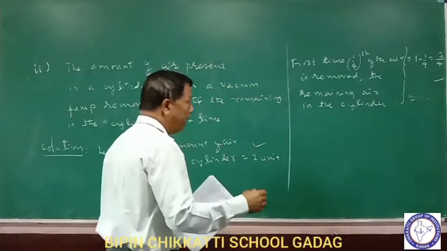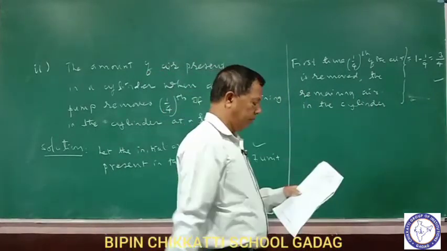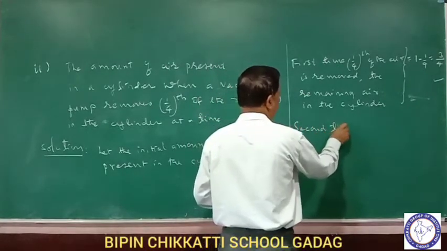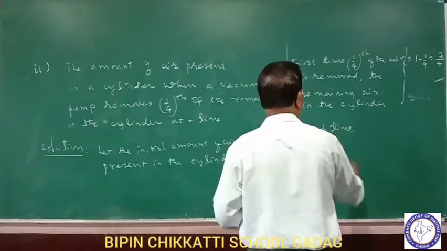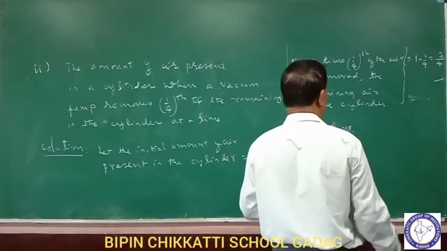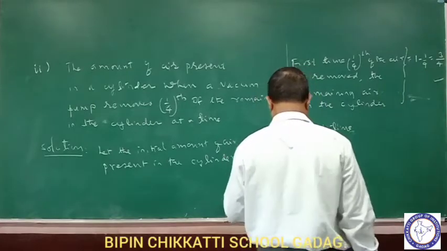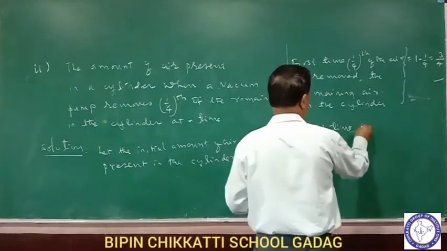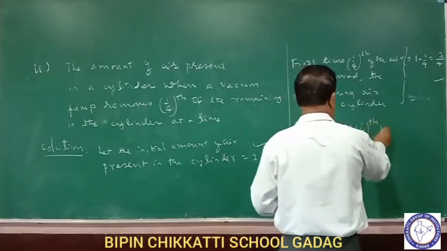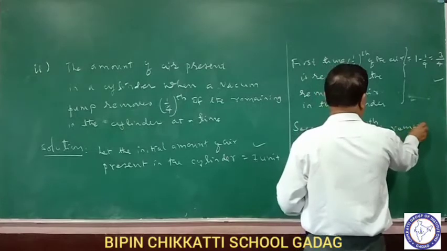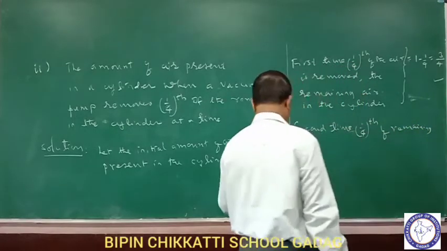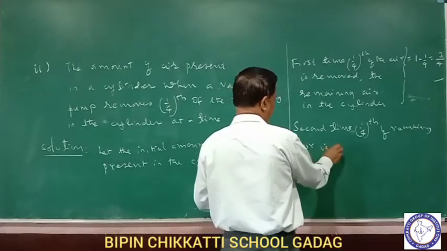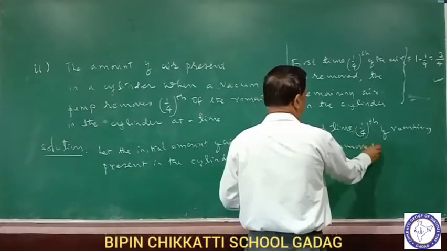And now again you have to say 1/4 of the remaining, that is the second time. First time it happened; second time, 1/4 of the 3/4 remaining is to be removed, and you can understand how it is done. So the second time, 1/4 of the remaining air is removed, and you calculate the balance.